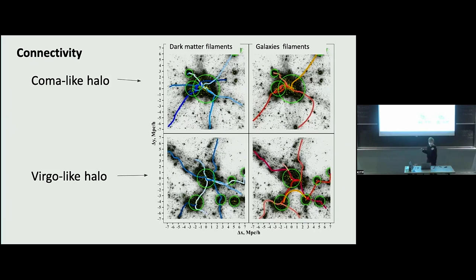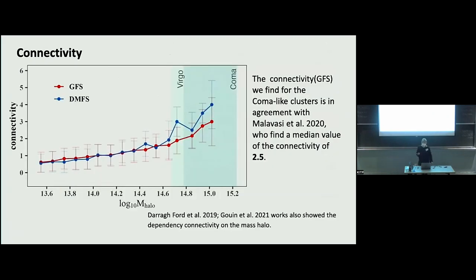And we can count the number of connected filaments to each halo in our 27 cubes, and it depends on the mass of the halo, the number of filaments which go to the massive halo. And this result was also shown in many other works, that connectivity of the halo depends on its mass.